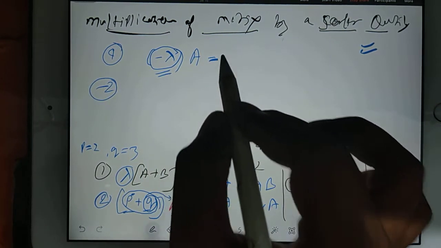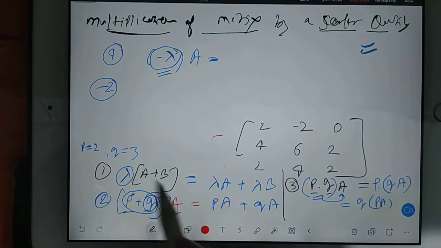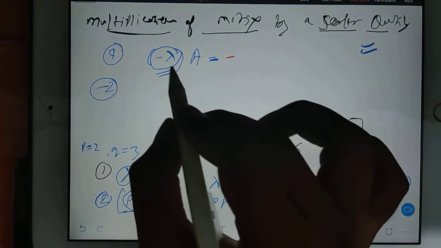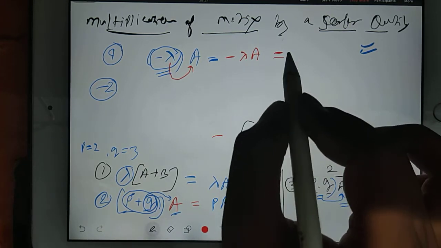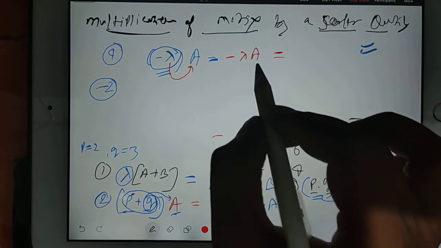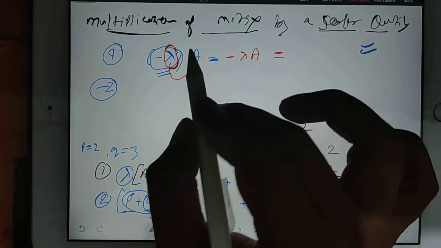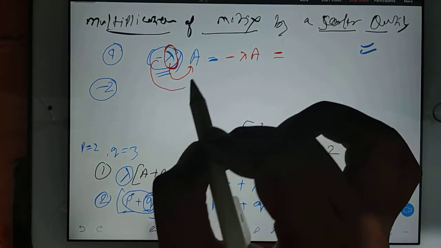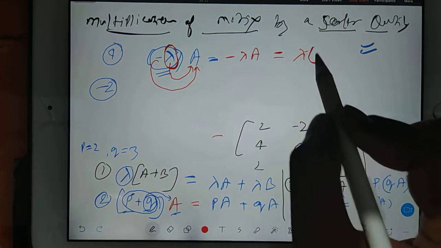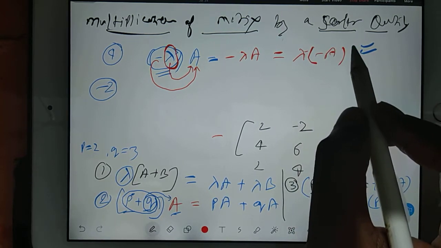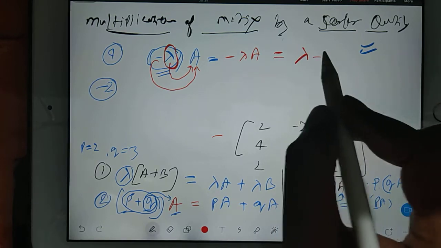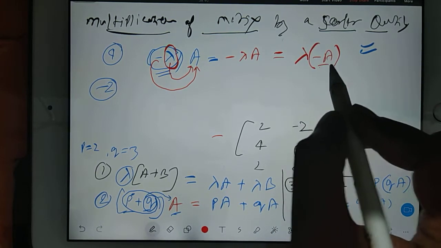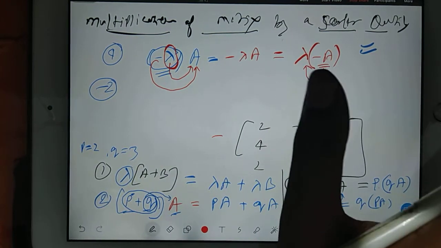Then you can leave the minus sign here and multiply the 2 with the matrix. Or you can leave lambda outside and multiply the minus with A, so lambda times minus A. They all will give the same answer.